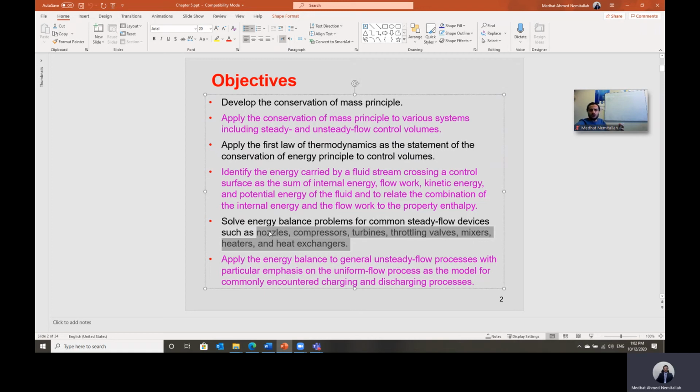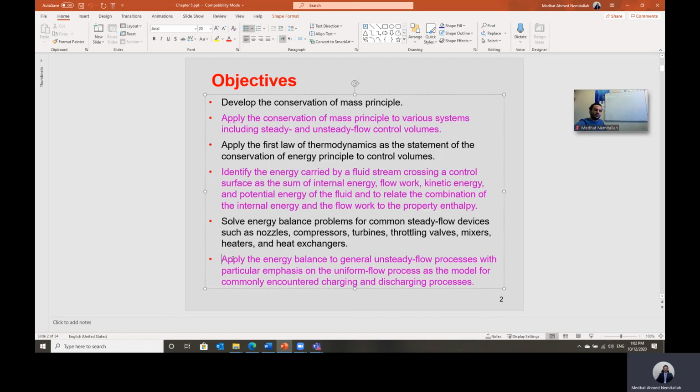Then we will be able to calculate the work either input to the system or out of the system, and also the heat transfer by applying the first law. Also, we'll calculate the mass transfer by applying the mass equation, or the conservation of mass principle. All of our talk up to this point is about steady flow.